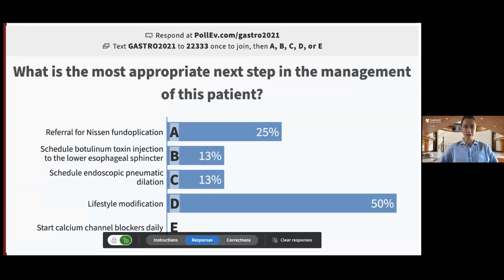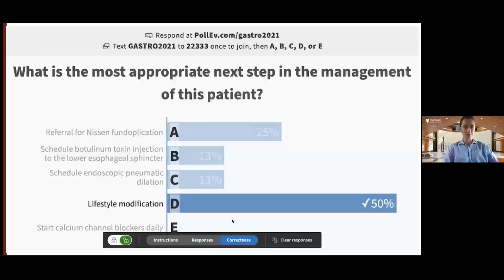And the majority, however, is opting for lifestyle modifications. So the correct answer to this question is D, lifestyle modification. And we can have Dr. Garcia shed some light on why this is the best answer.